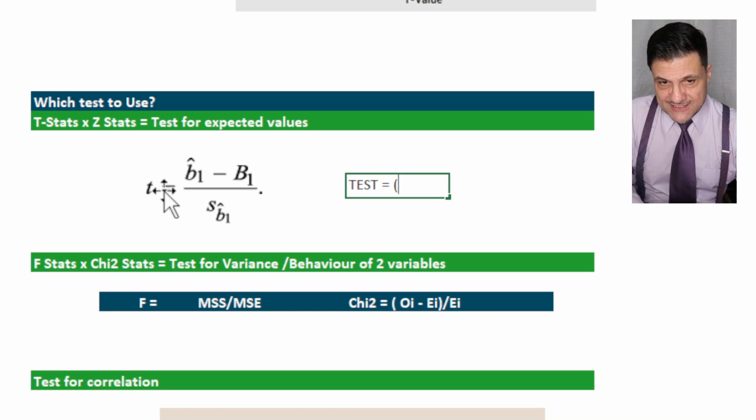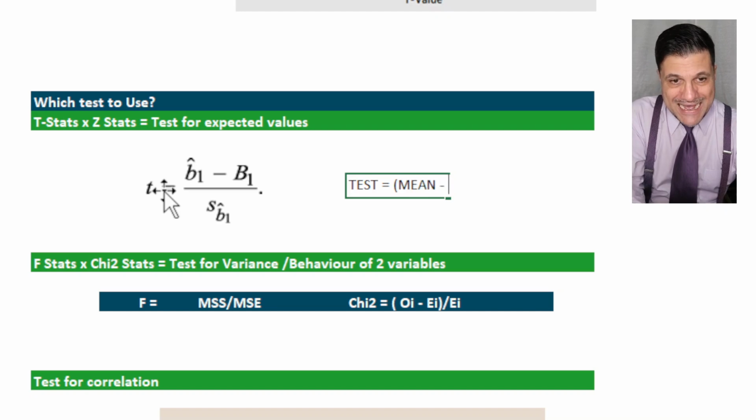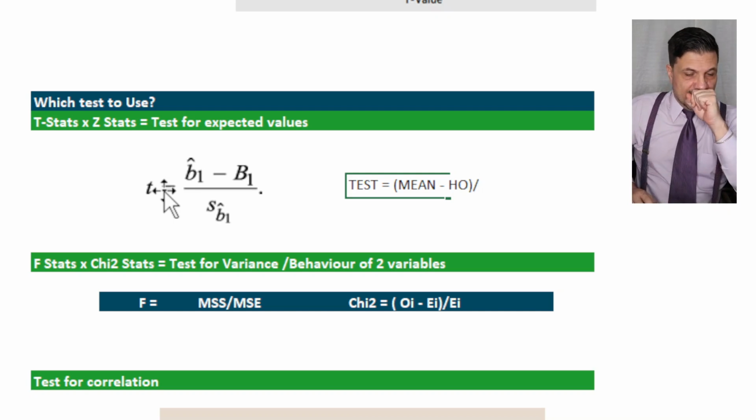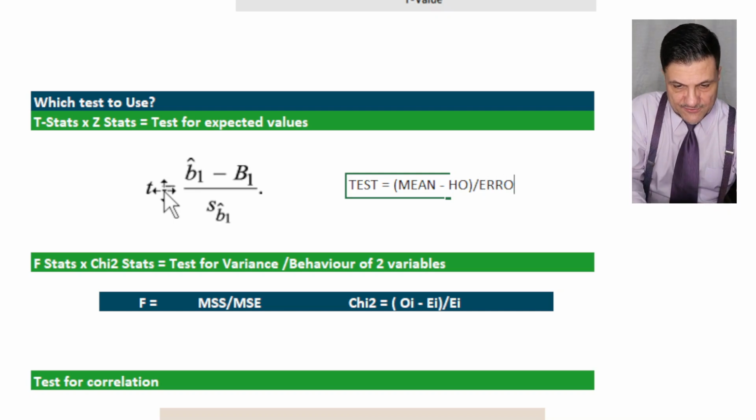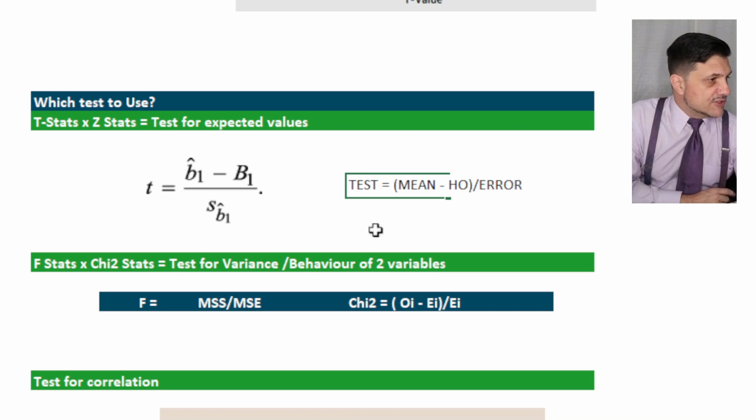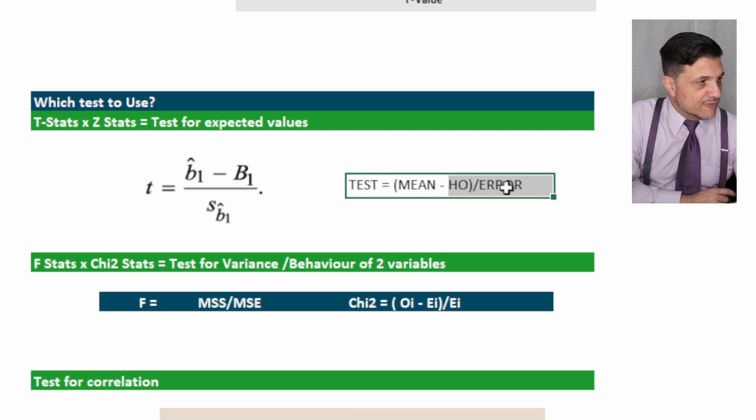Which difference is that? It's my mean, my average, the expected mean, minus my H0. And this will be divided by the error. That's how I like to memorize my formula for the test.